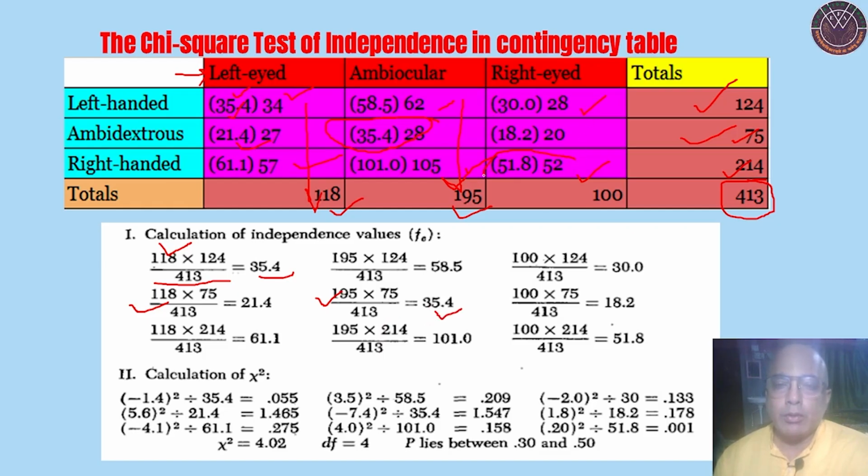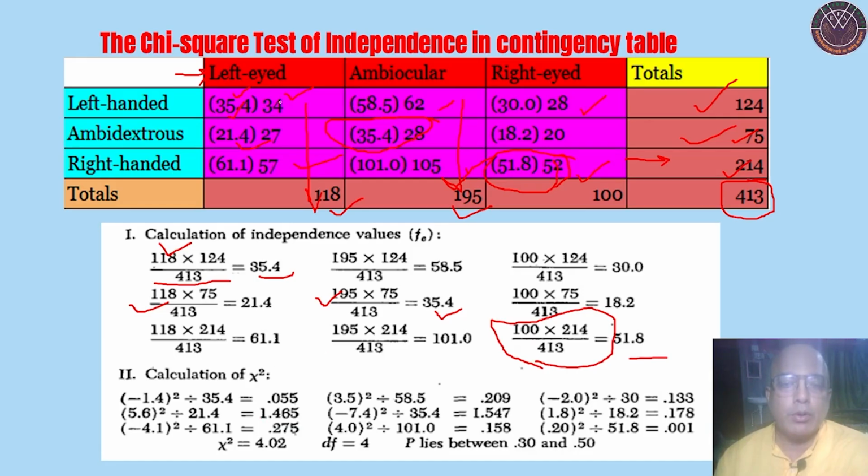Similarly, for the last value, the expected frequency of right-eyed persons who are right-handed, the row total is 214 and the column total is 100. So 214 into 100 divided by 413 gives 51.8. In this way you find expected frequencies: row total into column total divided by overall total.